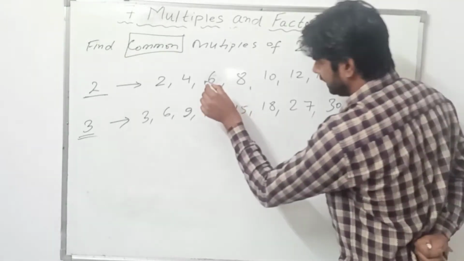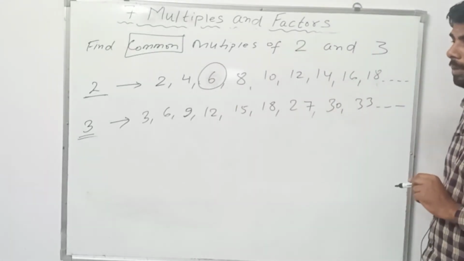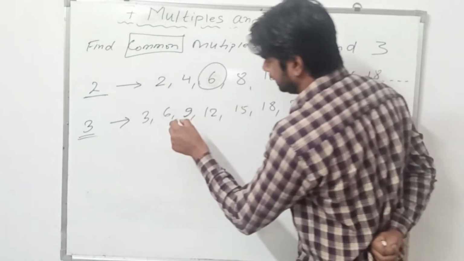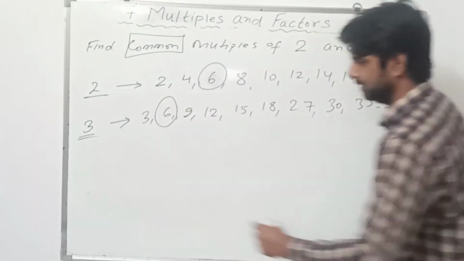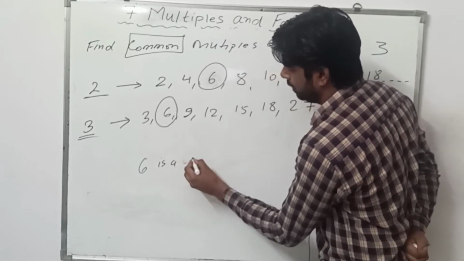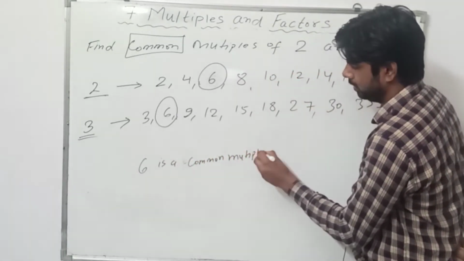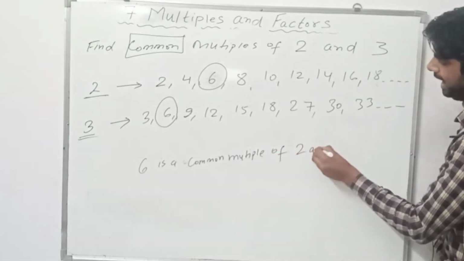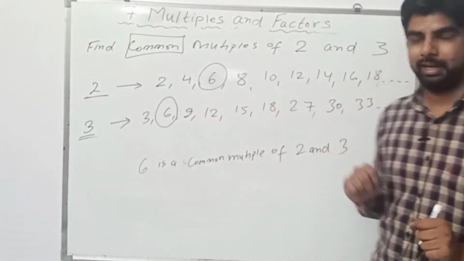So 6, here we can say that 6 is a multiple of 2 and 6 is also a multiple of 3. So what can we say? 6 is a common multiple of 2 and 3. It means 6 comes in both tables.